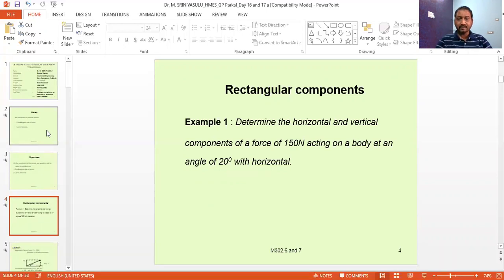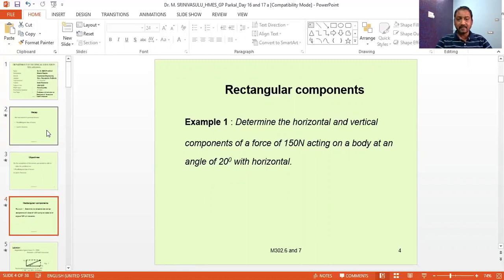Determine the horizontal and vertical components of a force of 150 newtons acting on a body at an angle of 20 degrees with the horizontal.